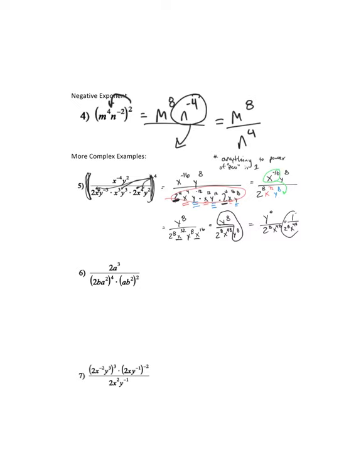Do maybe a couple more examples here. This number 6, guys, we would have 2a to the 3rd. I would just simplify that bottom, because that's where it's most complicated, so I would simplify that bottom power to a power. So we got 2 to the 4th, b to the 4th, a to the 8th, 2 times 4.